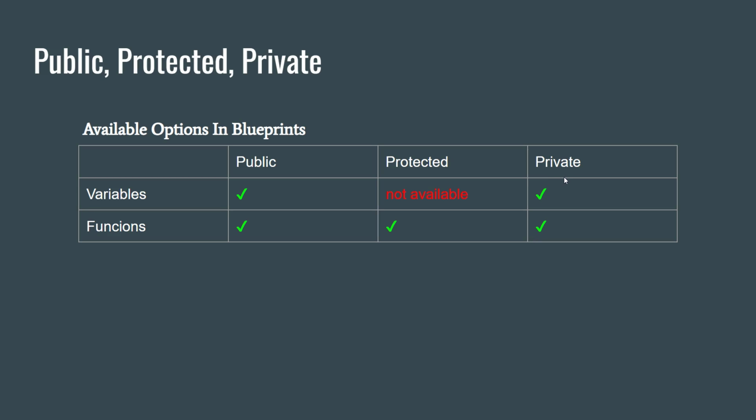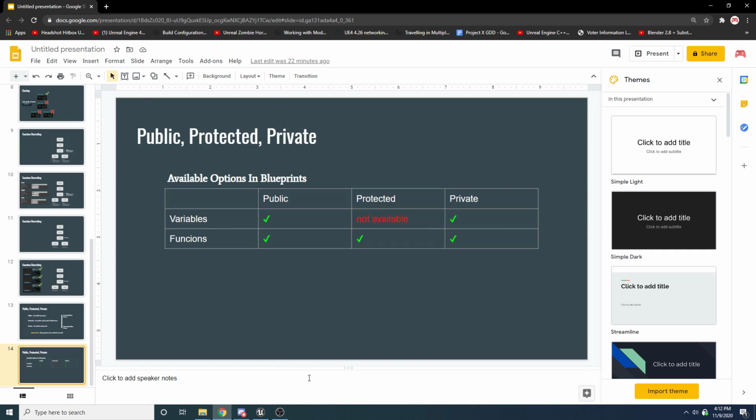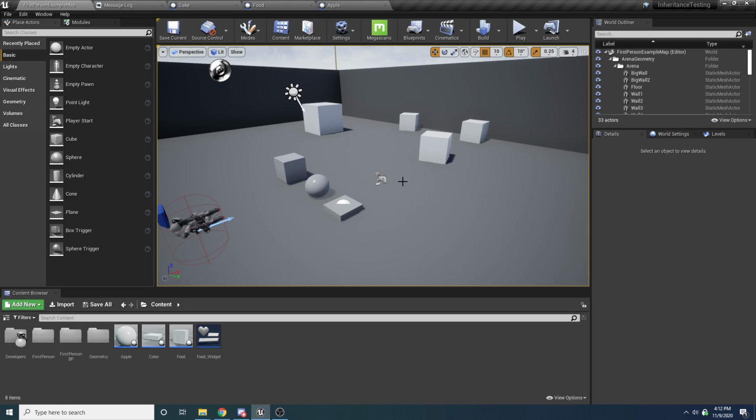If you're doing things in C++, you can make protected variables just fine because that's the way C++ works. But for whatever reason, Unreal doesn't support protected variables. I'm sure there's a good reason for it. I just haven't really looked into it, but you just can't do that for whatever reason. So with that being said, let's go back and take a look at the project here.